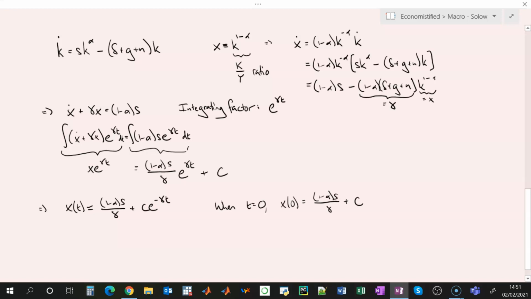And remember, x0 is just k0 to the power of 1 minus alpha. So the value of c is going to be given by our initial level of the capital stock. If k0 is given by some amount, I'll call it k0, then c has to be given by the following.